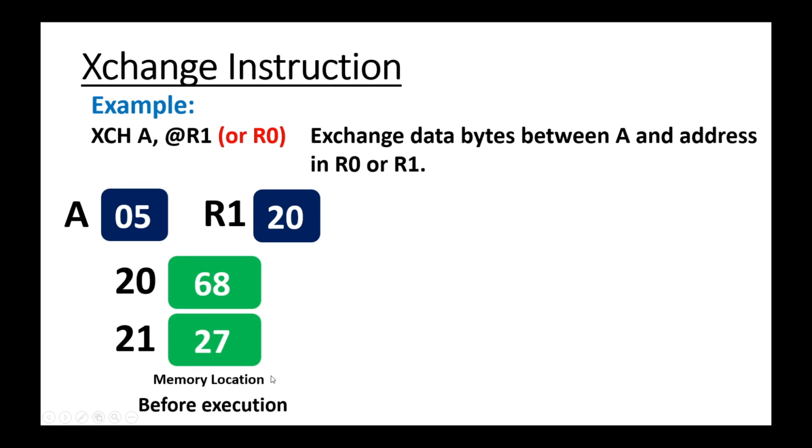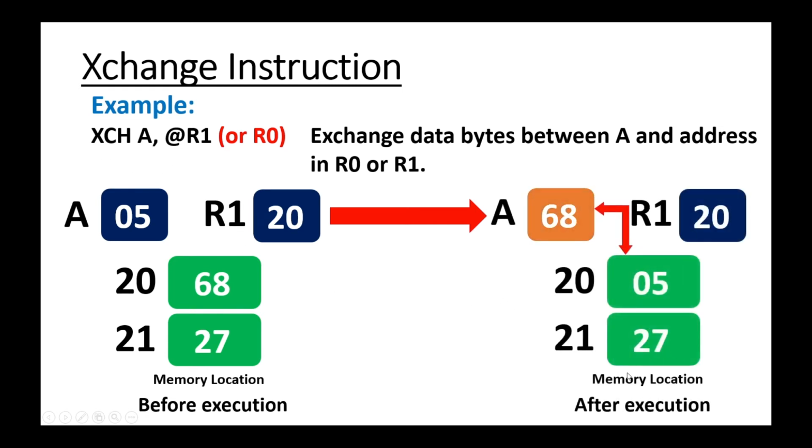These are locations of internal RAM. This is the situation before execution, and once this instruction is executed, the data at the memory location provided by R1 will be exchanged with the data in the accumulator. At 20 memory location, earlier there was 68 stored, and that 68 is exchanged with the accumulator. Now accumulator is having 68 and that memory location is having 05H.